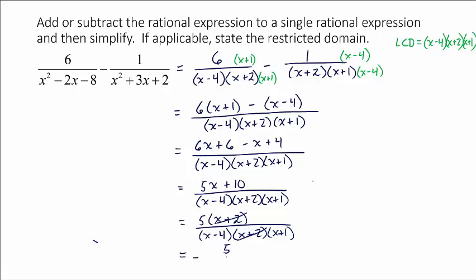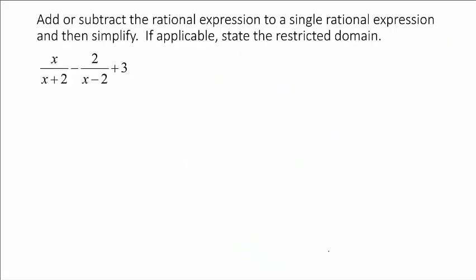So that leaves 5 divided by x minus 4 times x plus 1. And of course, because I canceled out the factor of x plus 2, I have to say that x cannot be negative 2, right? Because that would make that factor 0. So hopefully you're getting the idea here in how to find a common denominator and simplify from there. All right, let's do one more.